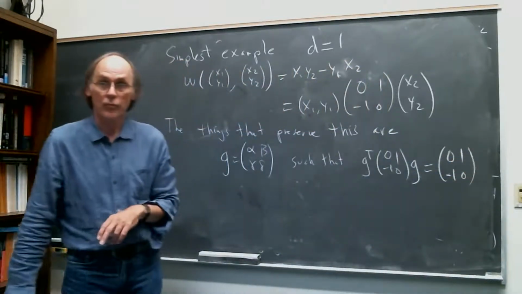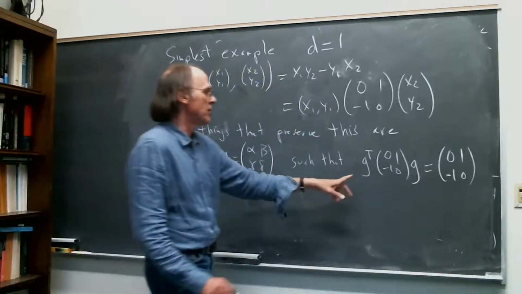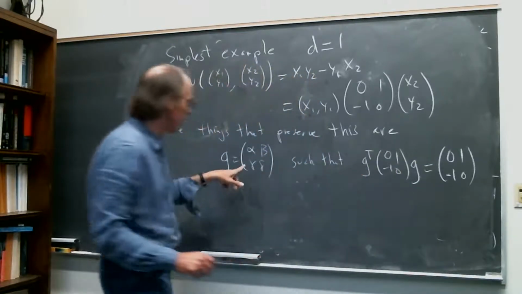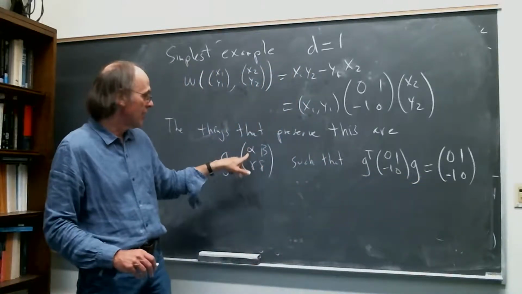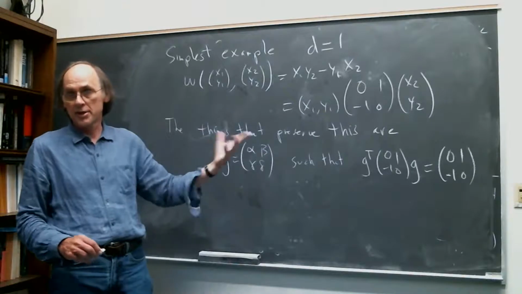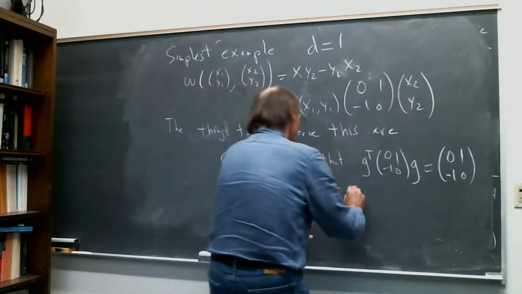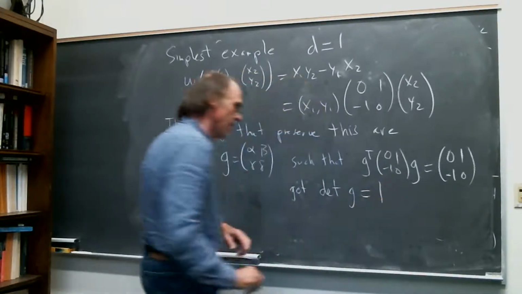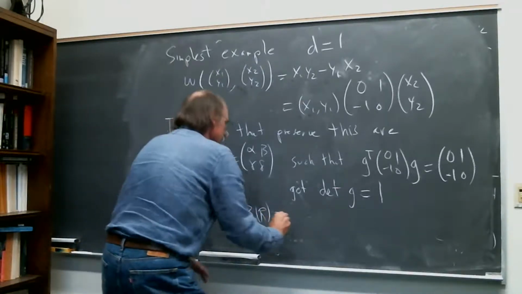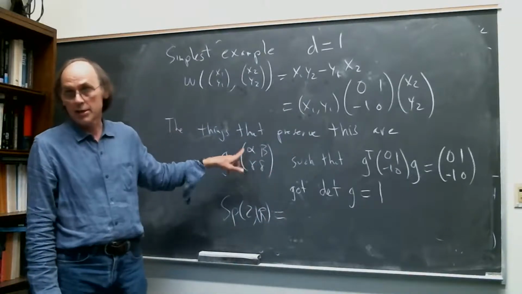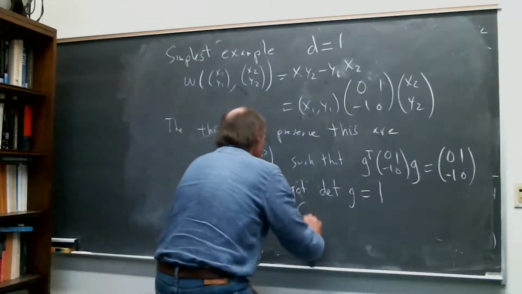So you can plug this formula into this equation and see what condition you get on the four real numbers alpha, beta, gamma, delta, and you'll see that the determinant of G is equal to 1. And so what you find is that Sp(2, R) is the group of all linear, real 2x2 transformations with determinant 1. And that's the group that we've been calling SL(2, R).